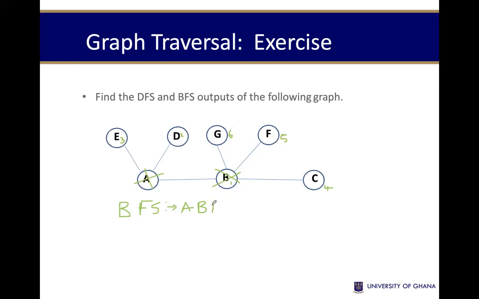So I'm going to go to D. Then from D, I go to E. Then when I'm done with that, I have to now come to the first friend of B, which is C. Then from there, I can go to F and I can go to J. So we're going to have F and J. And then J.